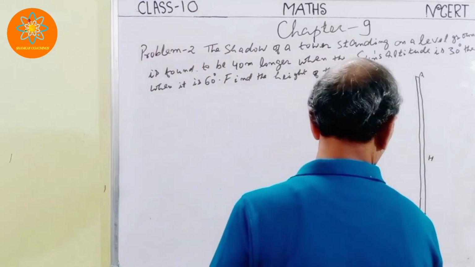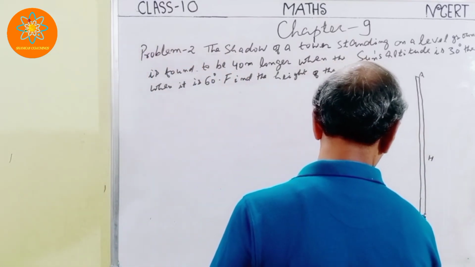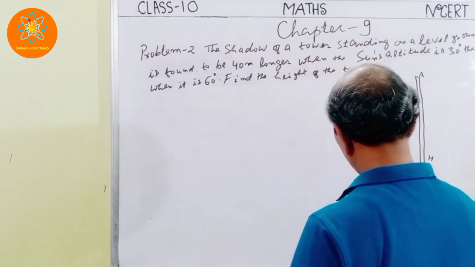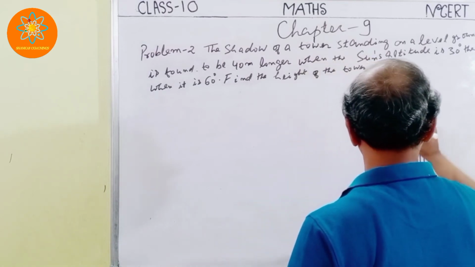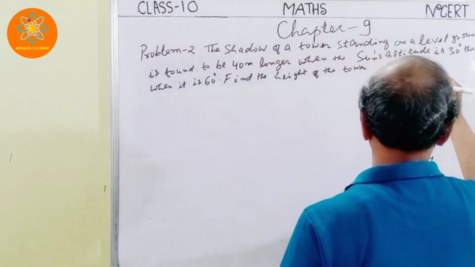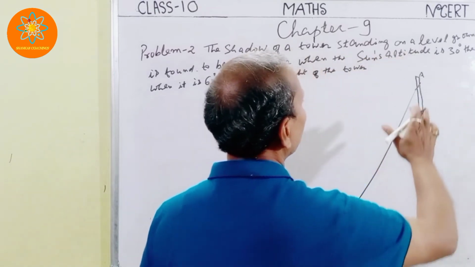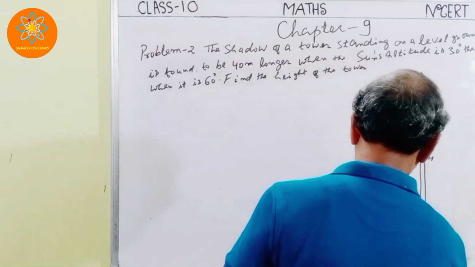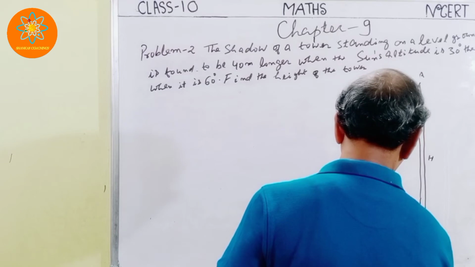Now, we come to the point C. If from this point C I am taking the value, this value is your 60 degree.